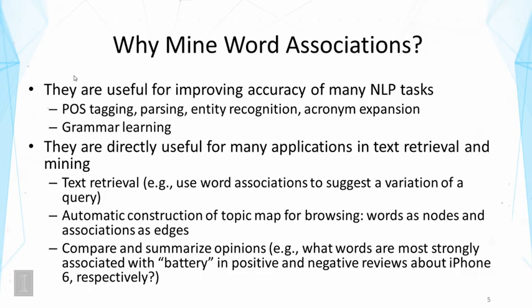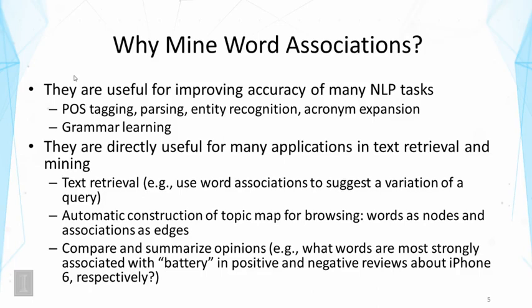Or you can use related words to suggest related queries to the user to explore the information space. Another application is to use word associations to automatically construct a topic map for browsing, where we can have words as nodes and associations as edges. A user could navigate from one word to another to find information in the information space.